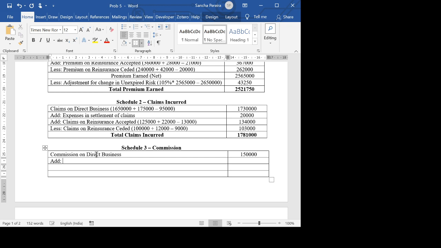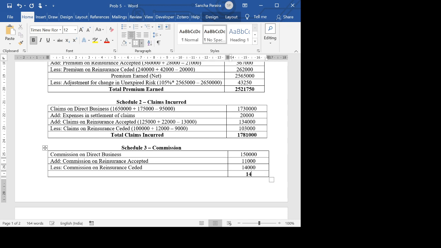We have commission on reinsurance accepted, which is 11,000, and less commission on reinsurance ceded, which is 14,000.